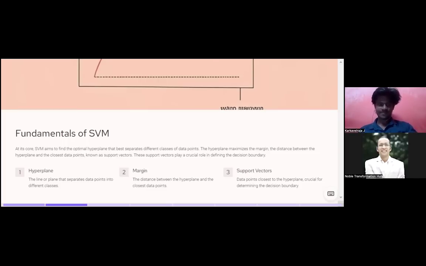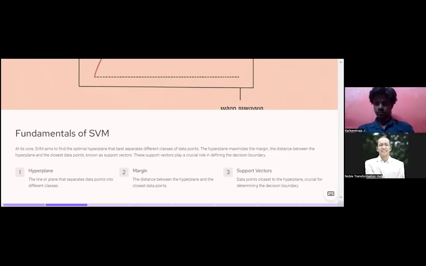Yeah, so fundamentals of SVM. Guys, we have to understand that SVM is a very powerful technique. At its core, SVM aims to find the optimal hyperplane. Hyper means multiple, it's not one dimensional. It best separates different classes of data points.